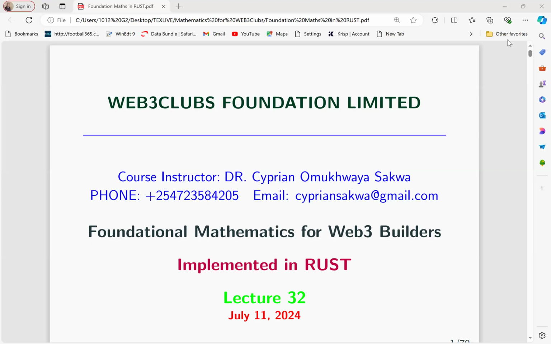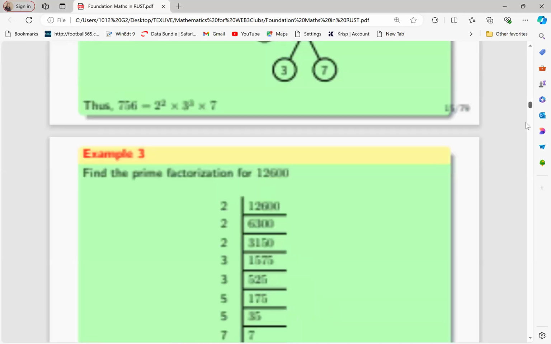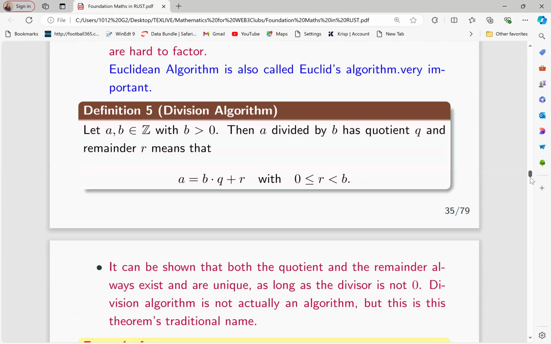Welcome back. We want to continue with our mathematics lessons and try to implement again in Rust. Yesterday we looked at how to convert number systems, and today we want to look at modular arithmetic.